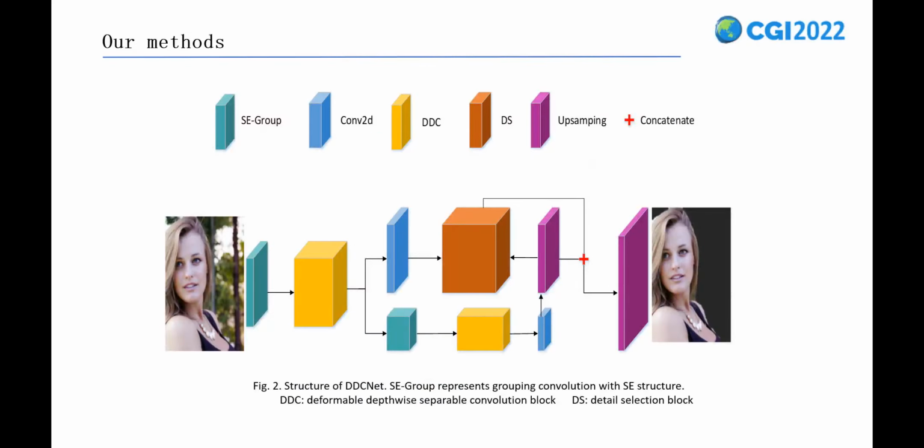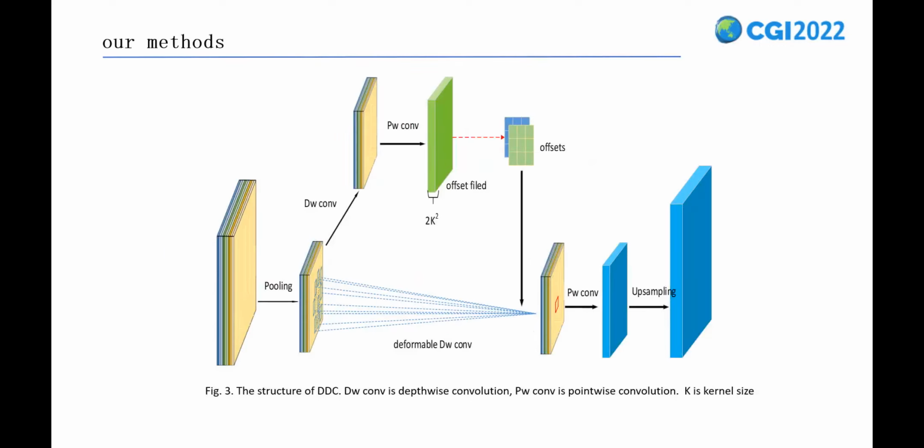To solve these problems, we propose a DDCNet module with a deformable depth-wise separable convolution block and a detail selection block. The DDC module proposed by us combines deformable convolution with depth-wise separable convolution, so that the module can automatically adjust the receptive field according to the characteristics of objects, so as to enhance global and local information without time consumption.